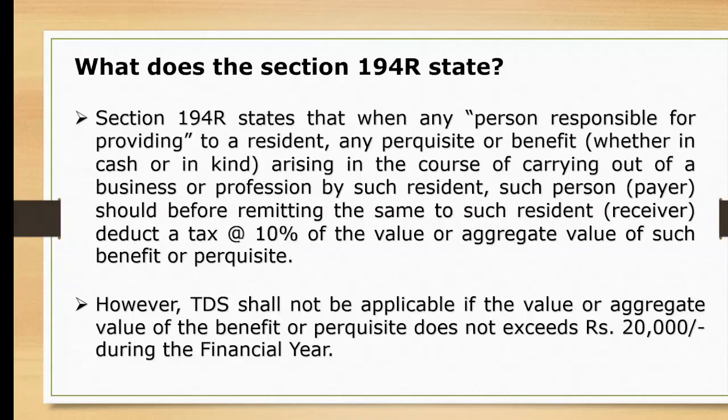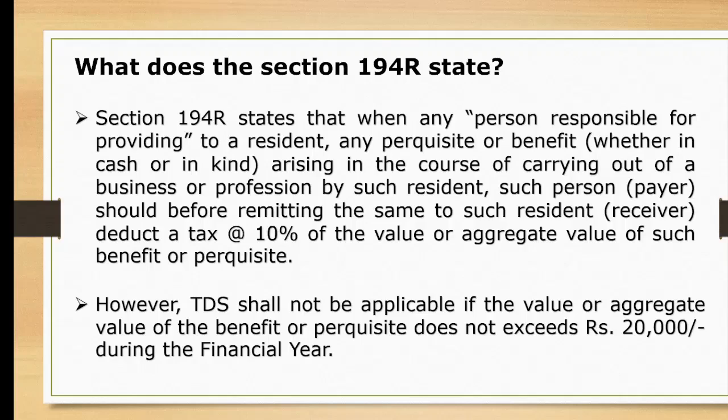So from here, guys, it is crystal clear: if you are paying any perquisite or extra amount apart from the salary to a salaried staff, where there is an employer and employee relation, then this section 194R won't be applicable.